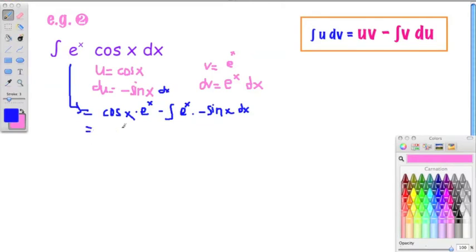And then continue. We'll get cos x e to the power of x, and then we will plus the integral of e^x sin x dx.